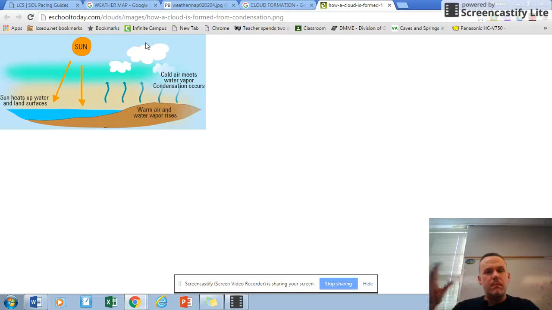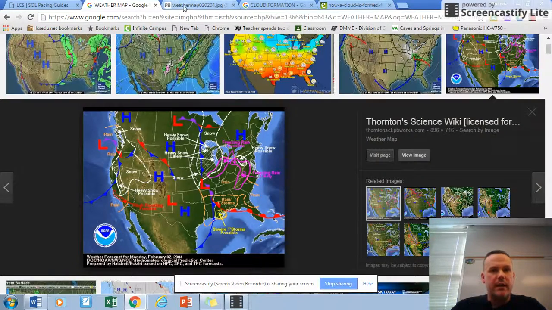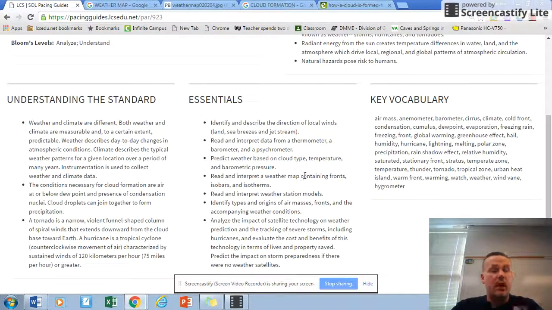As those little droplets get bigger and bigger because more is attaching to them, they get too heavy to hold up in the upper atmosphere, and they fall down as rain. So that is basically how the clouds form.